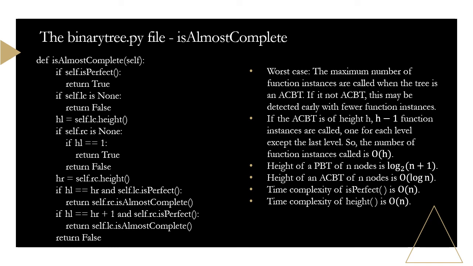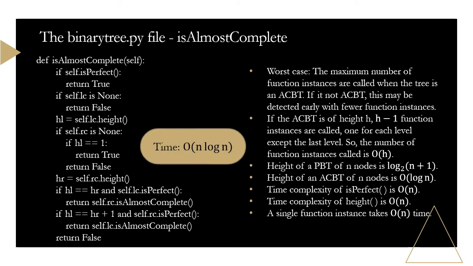In the worst case, a single function instance takes O(n) time. A single function instance takes O(n) time and O(log n) function instances are called. So the time of the is almost complete recursion is O(n log n).